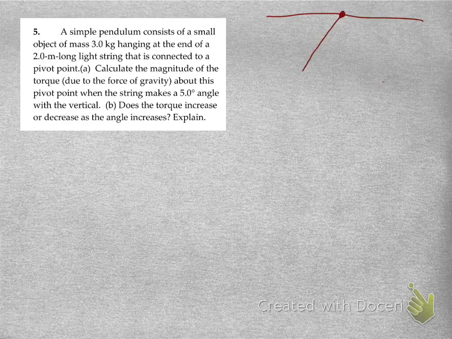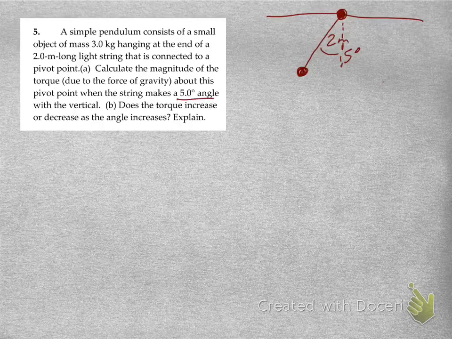At this point that's 2 meters away from the point of rotation. They want to know, when it makes a 5-degree angle with the vertical, so here is our vertical, so this is 5 degrees, when this 3 kilogram mass is hanging here, calculate the magnitude of the torque.